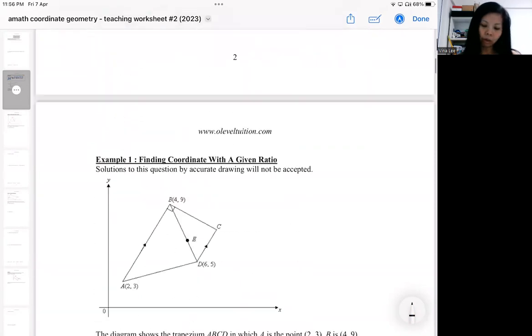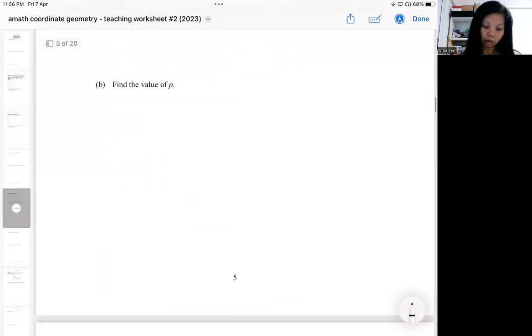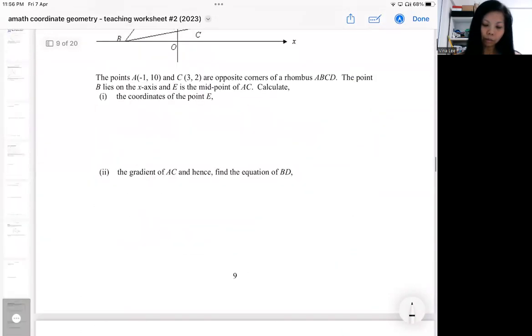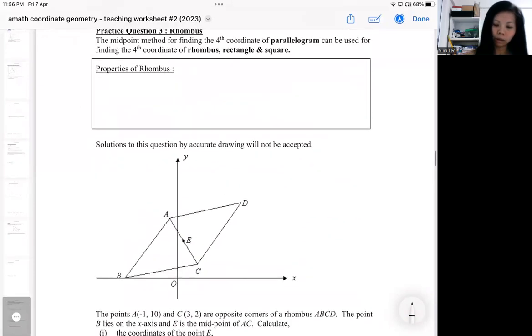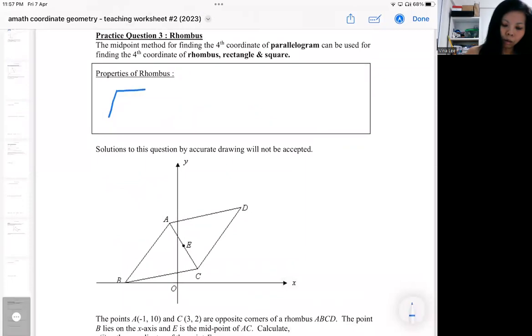Then the next property is a rhombus. Okay, so the rhombus is also the same idea. In a rhombus, all the lengths are the same, and the opposite sides are parallel.